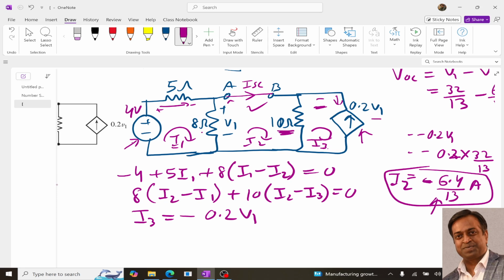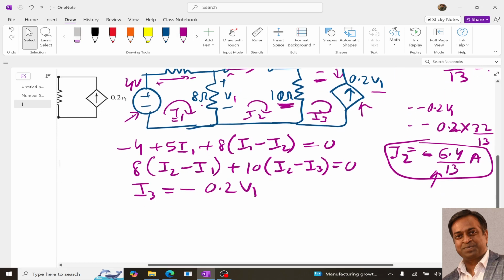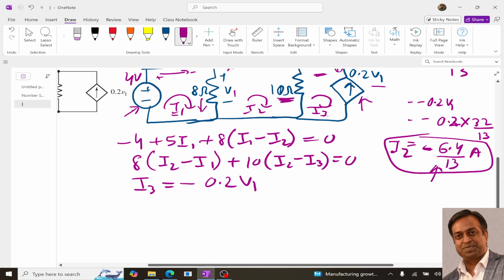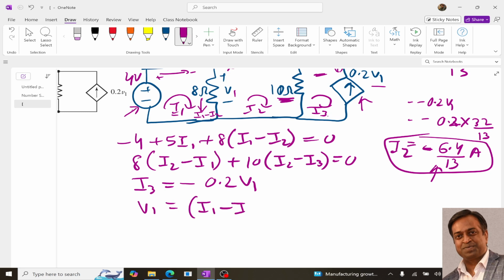Now V1, what will be V1? V1 will be equal to the current over here, I1 minus I2, right? So V1 will be I1 minus I2 into 8, right?